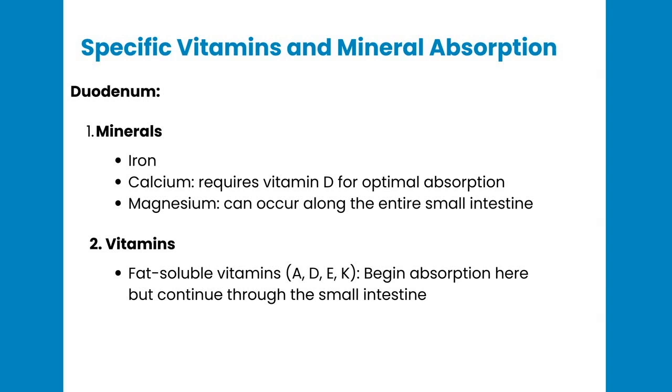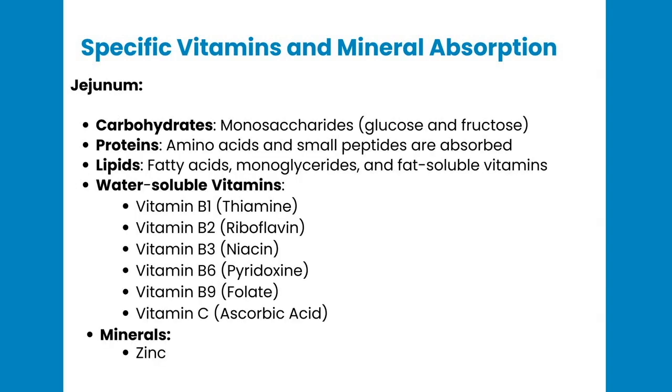Fat soluble vitamins, those are vitamin A, vitamin D, vitamin E, vitamin K. These start to be absorbed right here, and then they're also continually absorbed throughout the rest of the intestine. In the jejunum, this is the major area where we're absorbing most of our food.